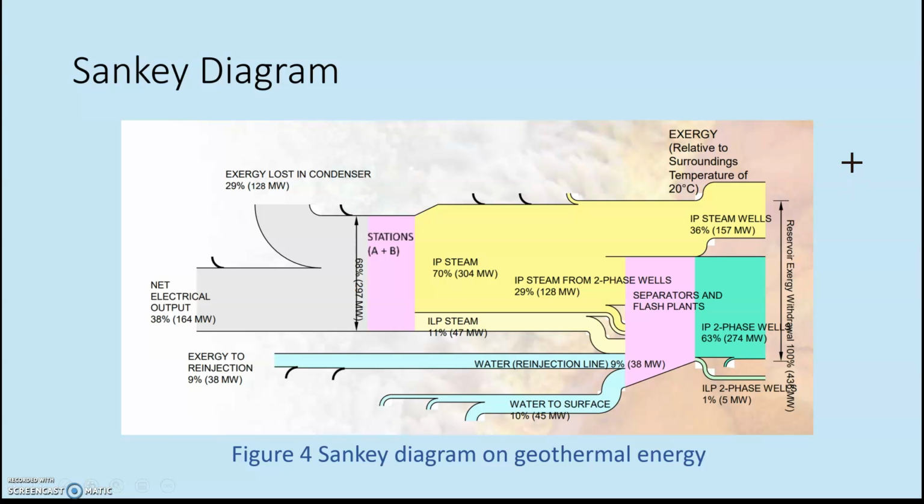So the exergy goes in through the wells where it is pumped through here, here, and here. And then it stays around here where it goes through a number of processes from turning the steam into electricity.